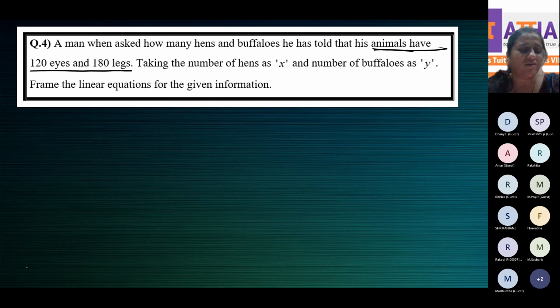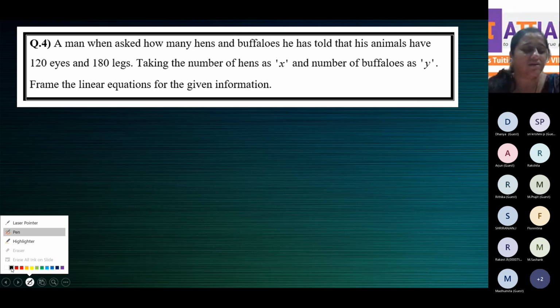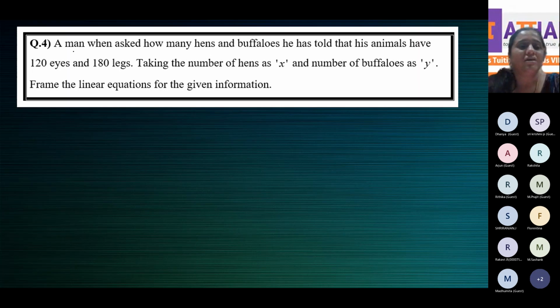See here, I've gone wrong in typing, but this is the message of the question. So a man says he has some hens and buffaloes. The animals together have 120 eyes and 180 legs.